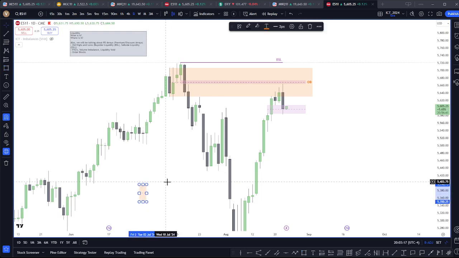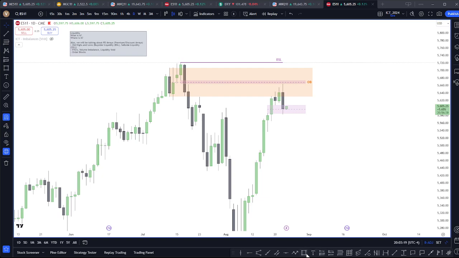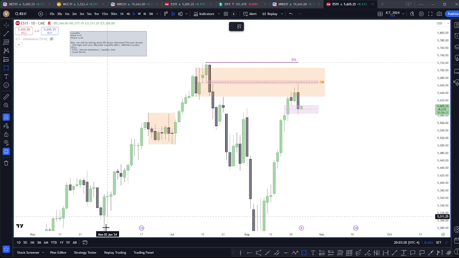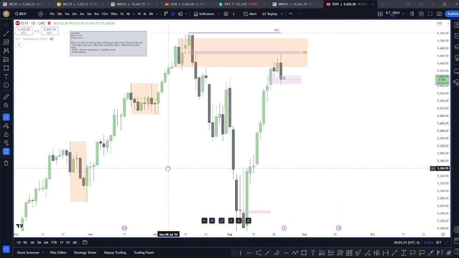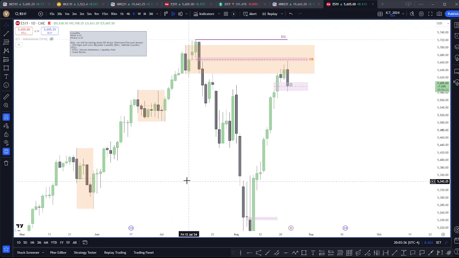Oh, sorry. This area is another breaker. If you go lower, again, this area is another breaker, on this side.